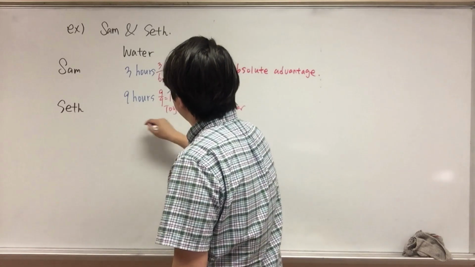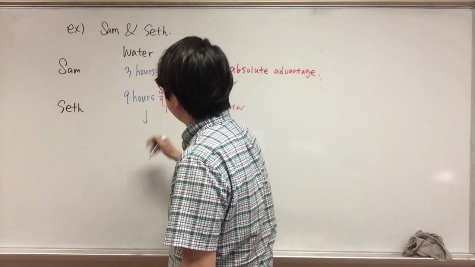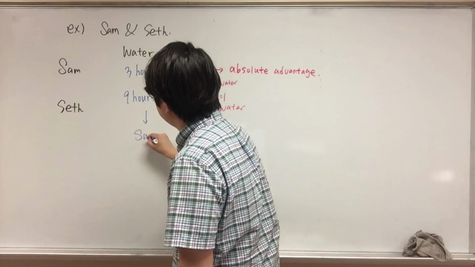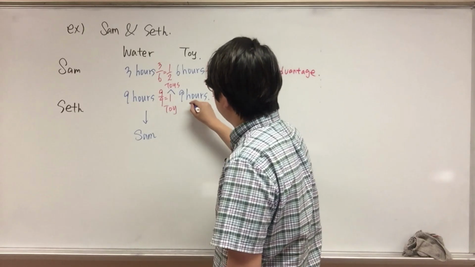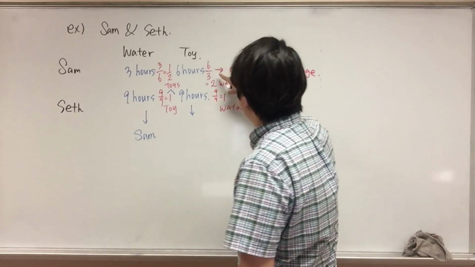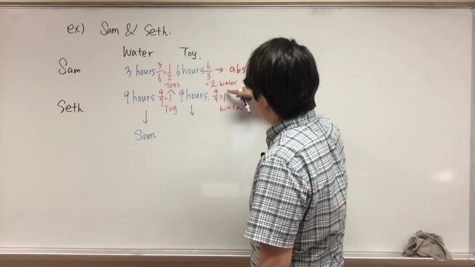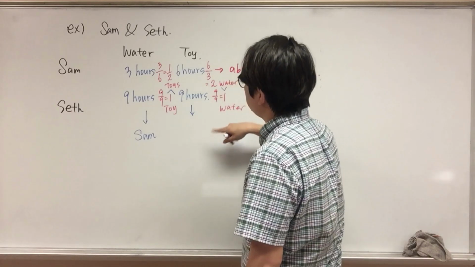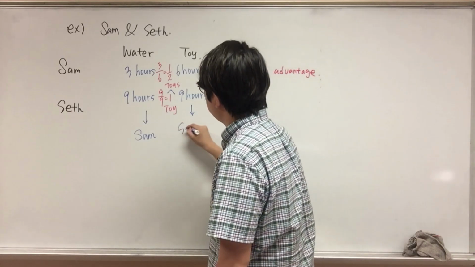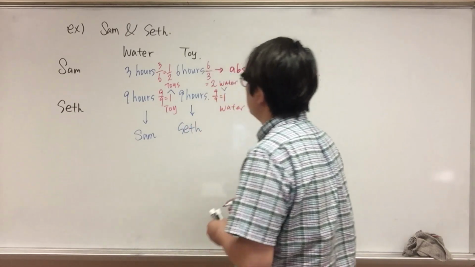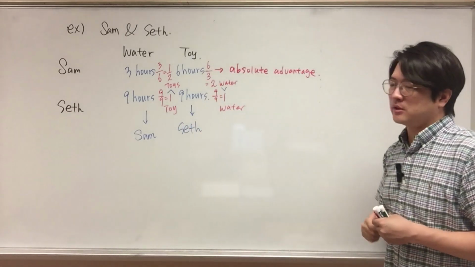Sam, right? So in terms of water, Sam should specialize in making bottles of water. In terms of toys, let's compare the two of them. Seth has the less opportunity cost, so Seth should specialize in making toys.